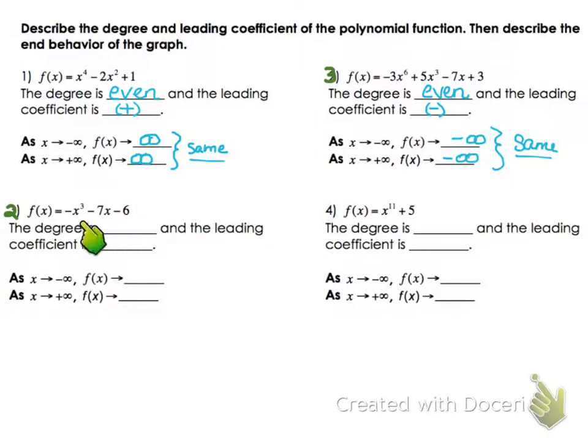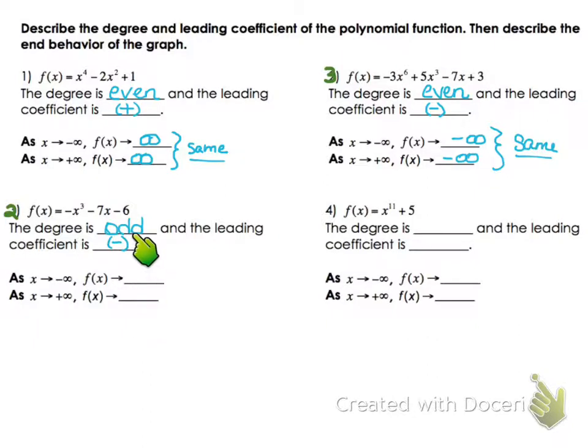Here's question number 2. The degree is odd, and the leading coefficient is negative. If the leading coefficient is negative, the right arm of the graph is going down. So right here, as you go to the right, the arm is going down.